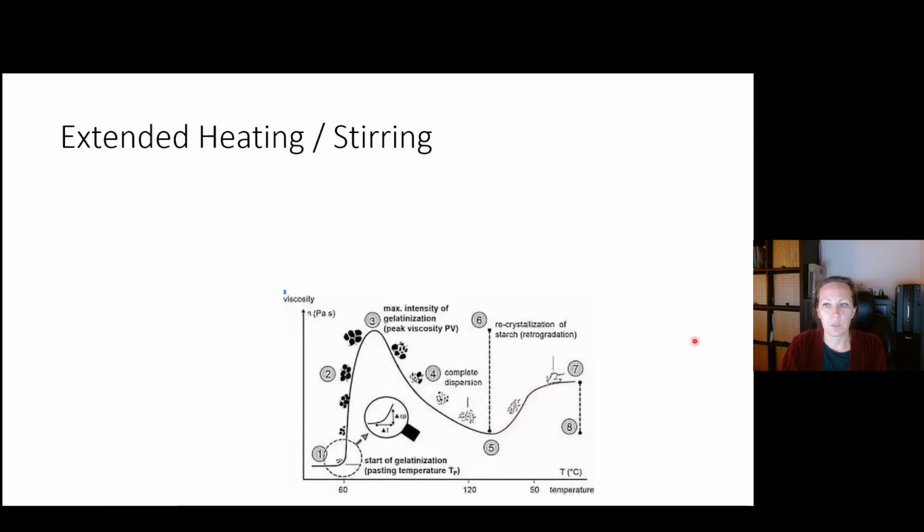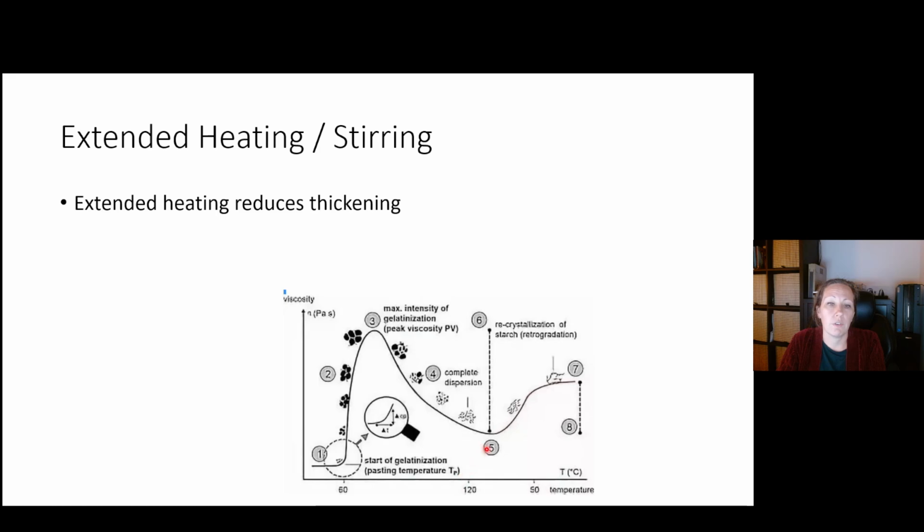Okay, and now a note about extended heating and/or stirring. Extended heating reduces thickening. You've already seen this graph that I showed last week. As the temperature rises, you get maximum gelation. But as the temperature continues to rise, you will lose some of that gelation ability.